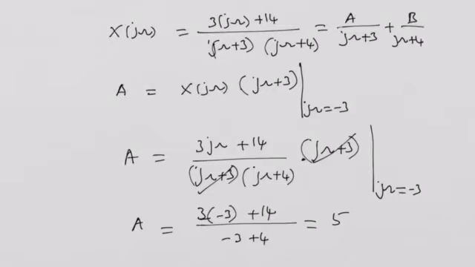Similarly, now I want to calculate the constant B. To find B, I should again take X(jω) and multiply it by the other factor, (jω plus 4), and I have to replace jω wherever it is available. After simplification, jω will all be replaced by minus 4.